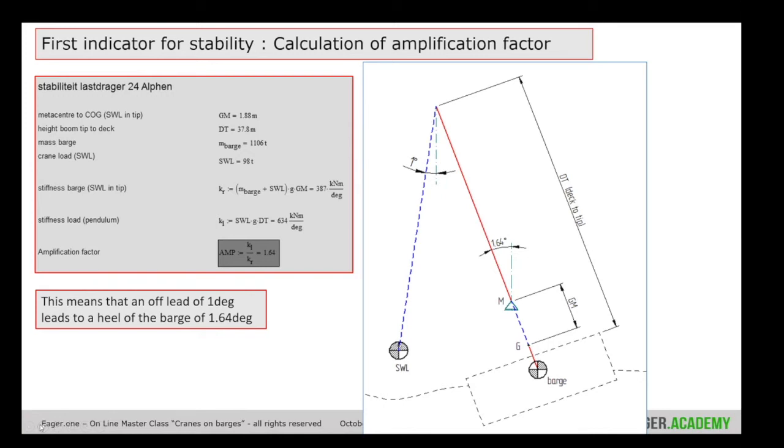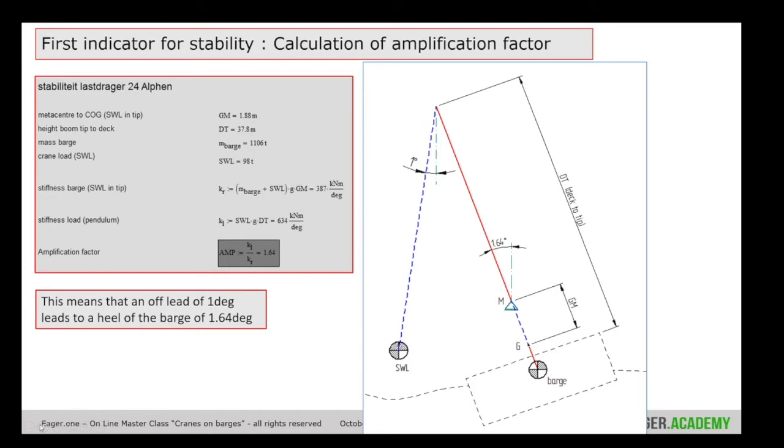So the complete red line from top to bottom has an overall GM value and a pendulum stiffness as a result. However, at the tip of the crane, there is also a moment.